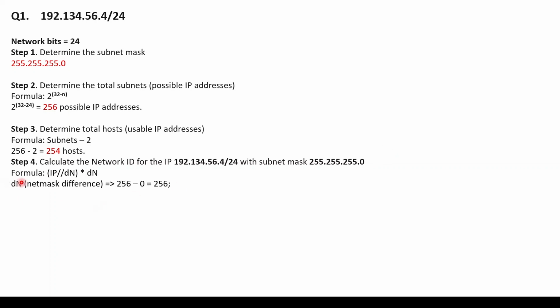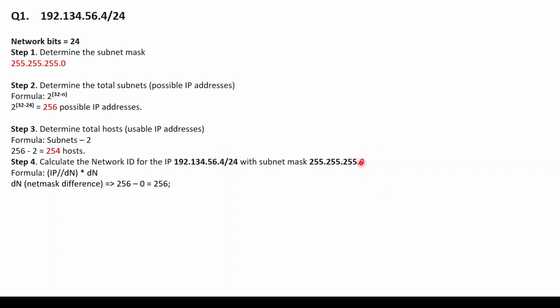Now, our dn, or delta n, is the net mask difference at the octet of interest, or the target octet. Remember why that was important, that I emphasized it. In this /24 network, the host bits begin from this particular octet, where this 4 is.